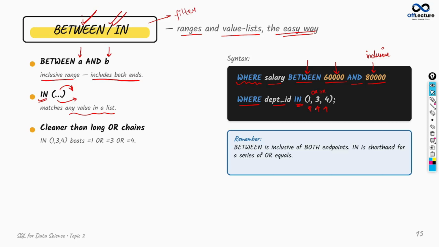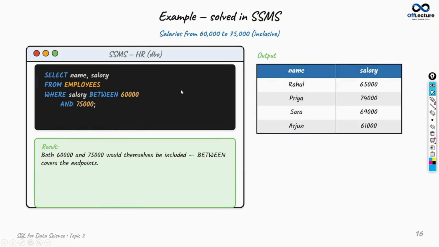Whatever values you give inside the parentheses, it will match any value in that list and give you the output. And remember this: BETWEEN is inclusive of both endpoints, and IN is the shorthand for a series of OR equals. Okay. Let's understand with an example so it will be more clear.